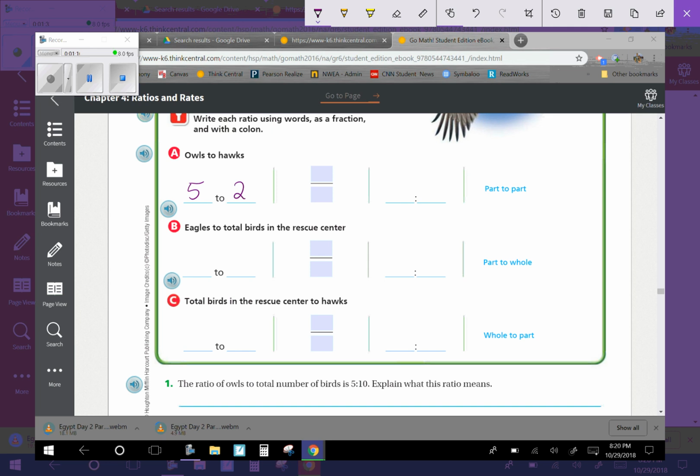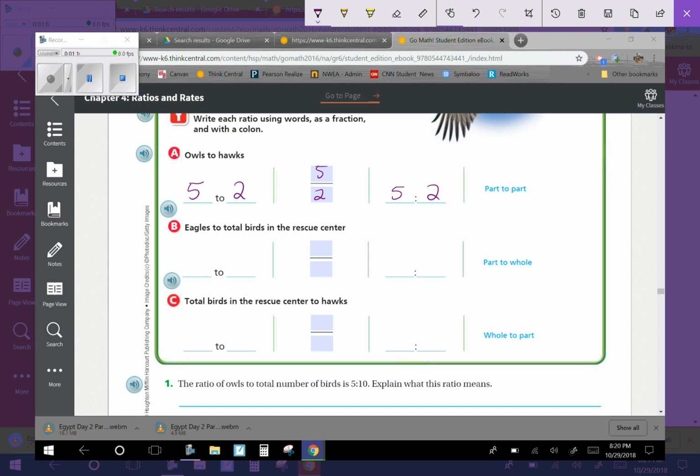We can also write that as 5 to 2. Now that is a part and a part because there are 5 owls and 2 hawks. Those are just parts of the bird rescue group.